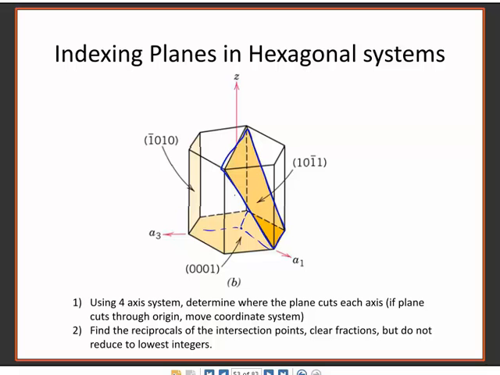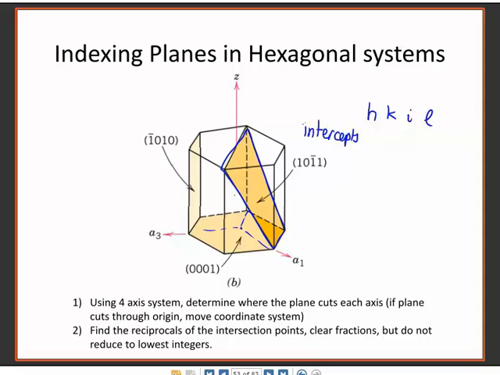The next thing we want to learn how to do is how to index planes in the hexagonal systems. In order to do this, we will use the H, K, I, L coordinate system. And the first thing we will do is to find the intercepts of the plane with the H, K, I, L axes.